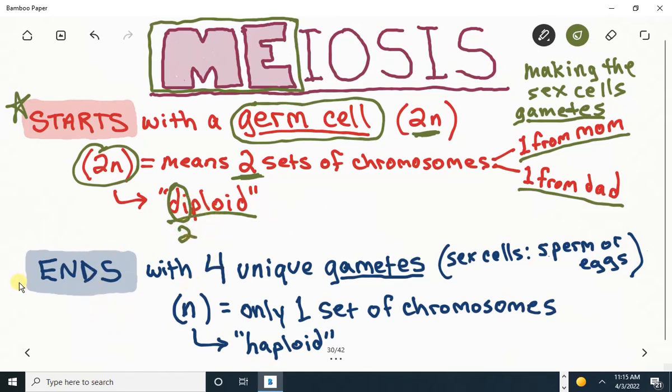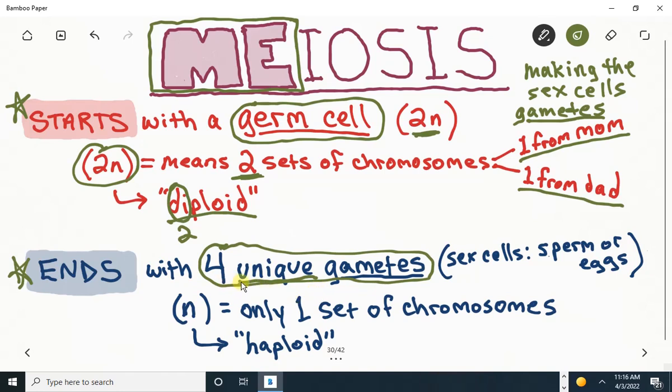And it ends with 4 unique gametes, and I'm going to circle 4 unique gametes because in mitosis we ended up with 2 identical cells: the one cell multiplied its chromosomes exactly identically, and then divided into 2 identical cells.